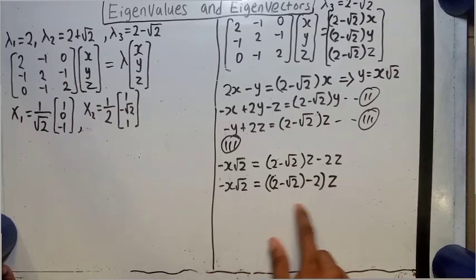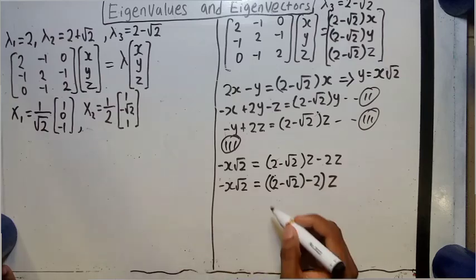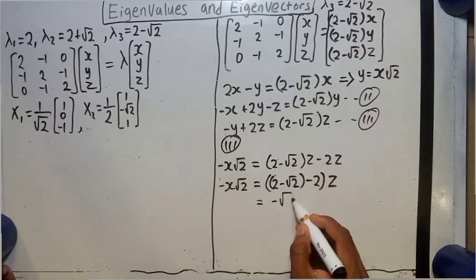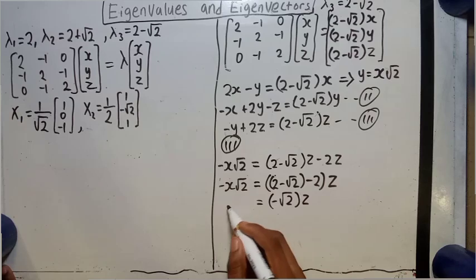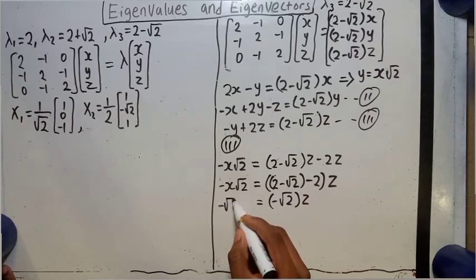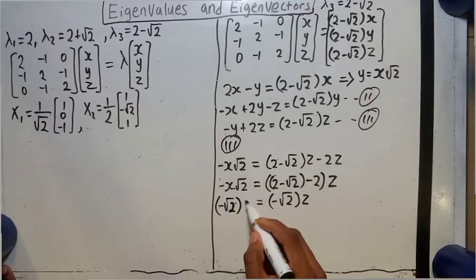Solving for this guy, I think you're left with, okay, so you're left with y minus root 2 times what? z. We can also write this guy to be minus root 2 and your x.